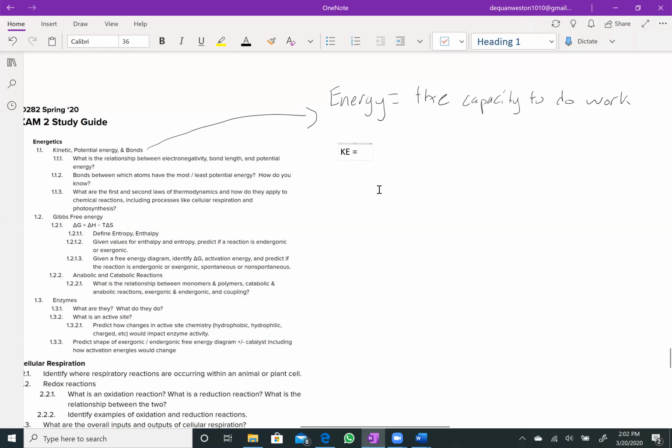So there's kinetic energy, and this is 1/2 mv squared. And there's potential energy. So for potential energy, think of a roller coaster that's about to drop. And there's a lot of potential energy.